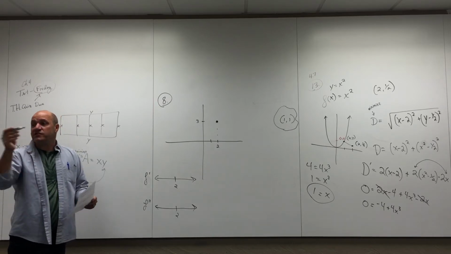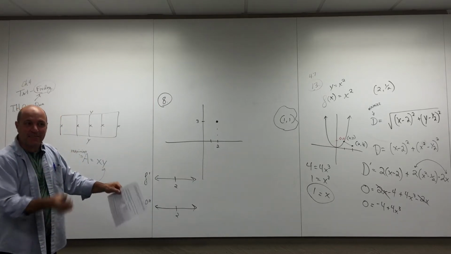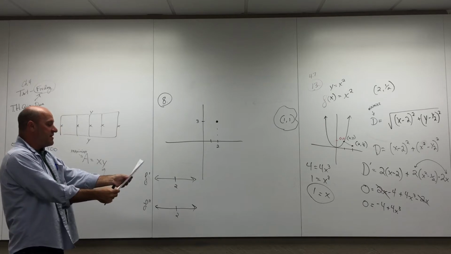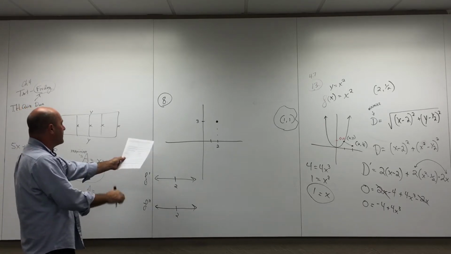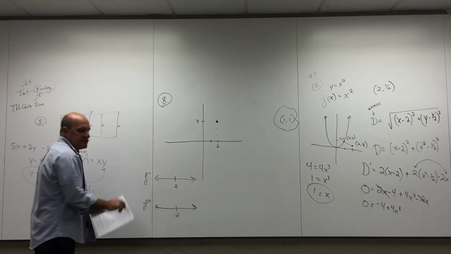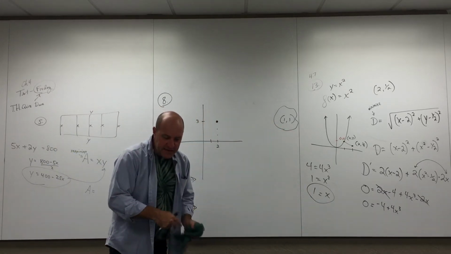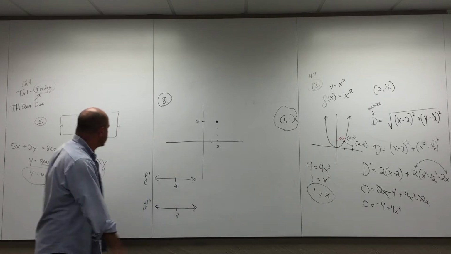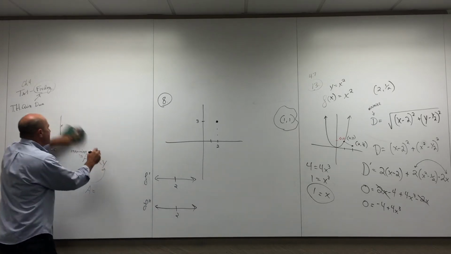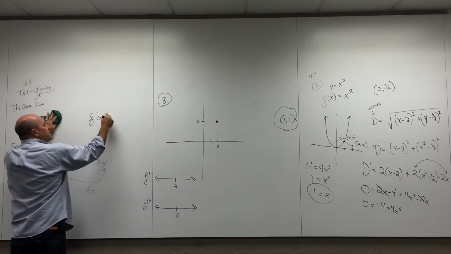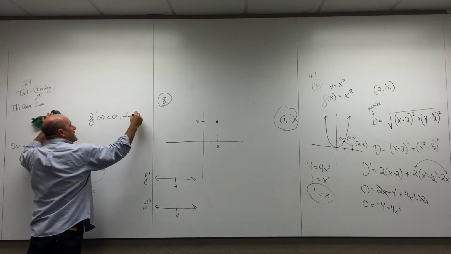And now I'd like to test around it, but I don't have a function to test, but they give me the information. The next 2 lines say that when x is less than 2, the first derivative is less than 0. Can you read that? It said f prime of x is less than 0 when x is less than 2.